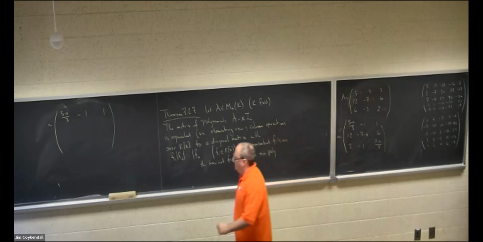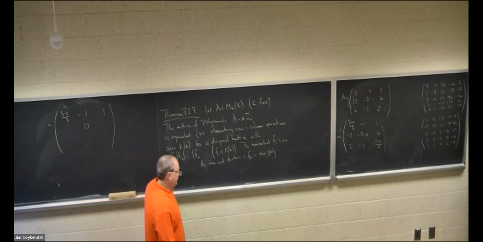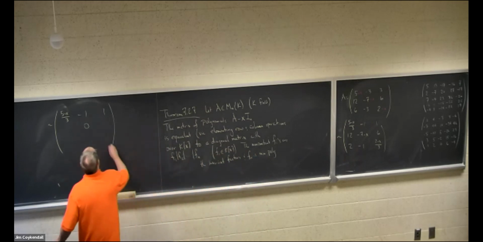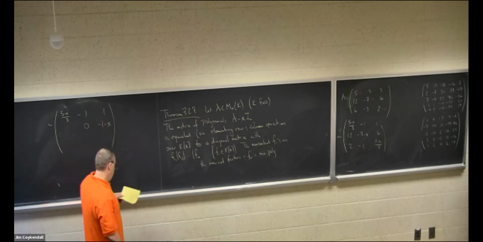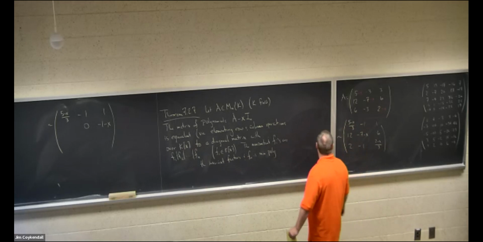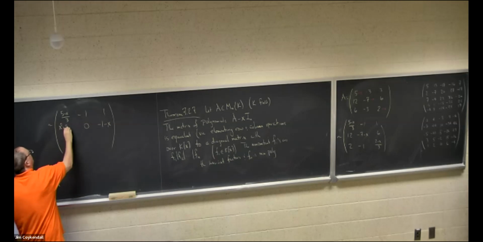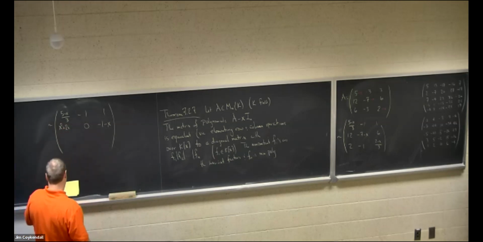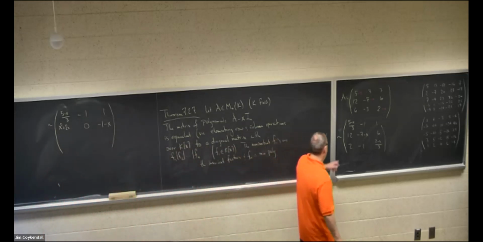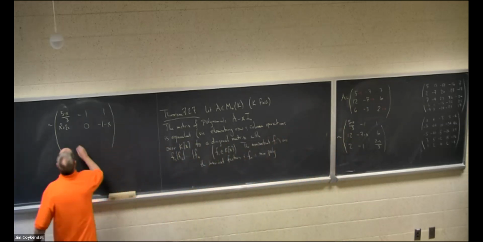Basically, what I'm trying to do is kill this middle entry. Multiply by -7, -X and add to the bottom, so I get -1 minus X here. I've got to multiply this by -7, -X. That's going to give me X squared plus 2X. We multiply it out, and it's going to give me -35 over 3 plus 36 over 3, which is 1 over 3.